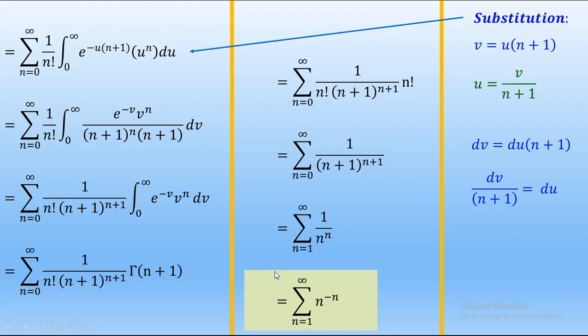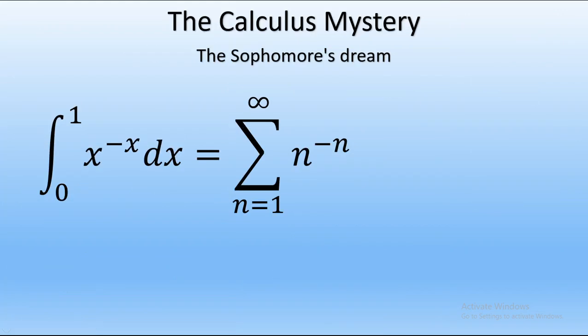Now this is a very surprising result. You see, it was integration from 0 to 1 of x raised to the power minus x dx, and we got the answer as summation n equal to 1 to infinity of n raised to the power minus n. It's quite surprising to see that the function that we integrated is the same function that we got after integration.